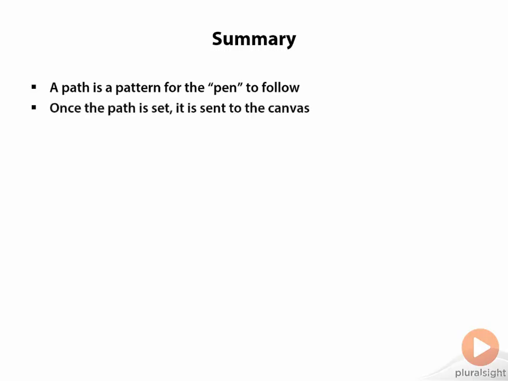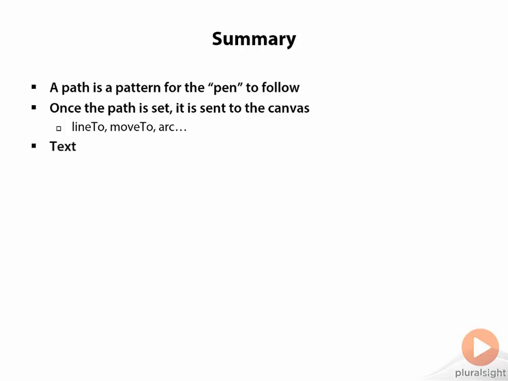In this module, we looked at the canvas. We started by looking at paths, and we looked at some of the basic functionality involved in creating shapes using a path, such as line to and move to, and how to create arcs.